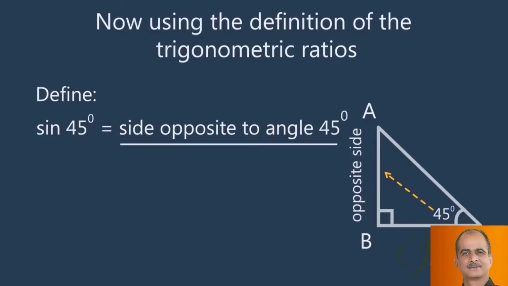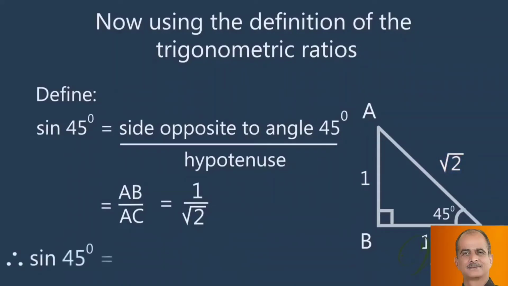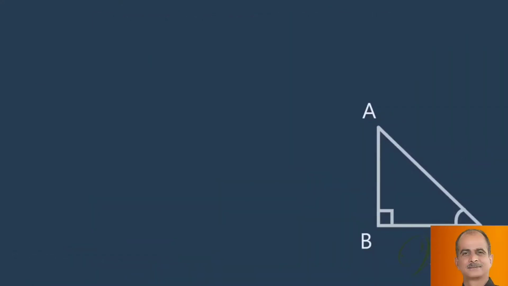As you know, sine is equal to opposite upon hypotenuse. So it is equal to AB upon AC. AB is equal to 1 and AC is equal to under root 2. Therefore, sine 45 is equal to 1 upon under root 2.